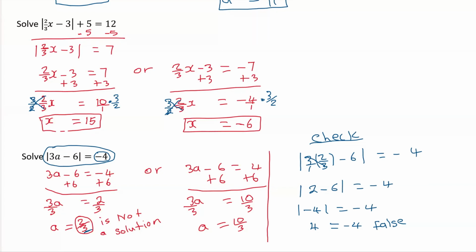So from the get-go, if you notice that you have the absolute value of something equal to a negative number, then automatically you will say there's no solution. So there's no solution to this problem. There's no a such that both sides will be equal.